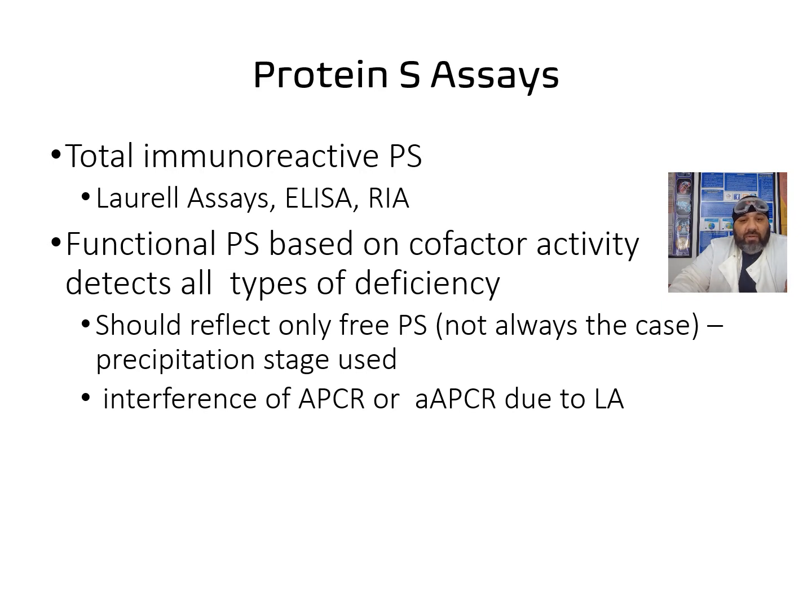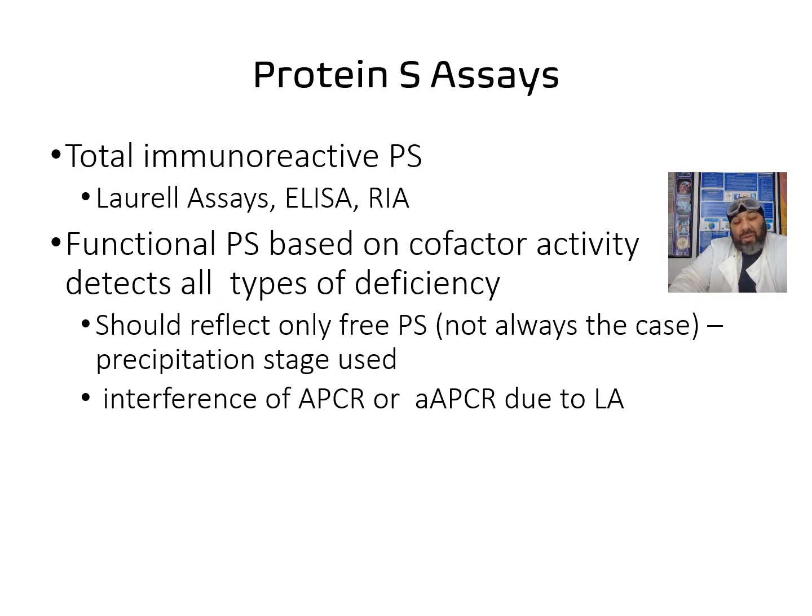Functional protein S cofactor activity detects defects in all types of deficiency, and any investigation should reflect only protein S, which is not always the case, and there can be interference from other protein conditions, for example due to lupus anticoagulant.